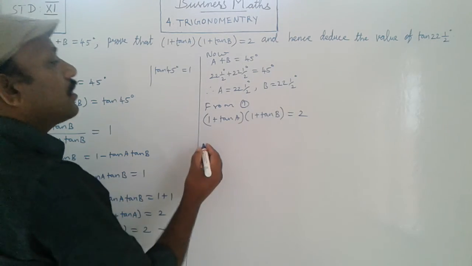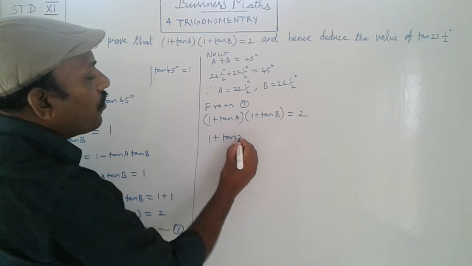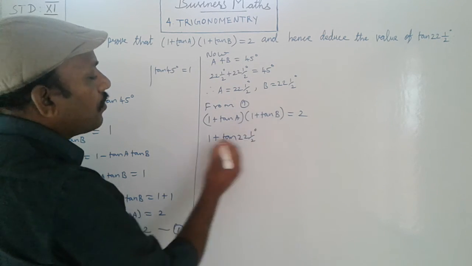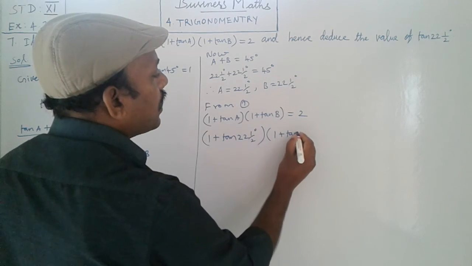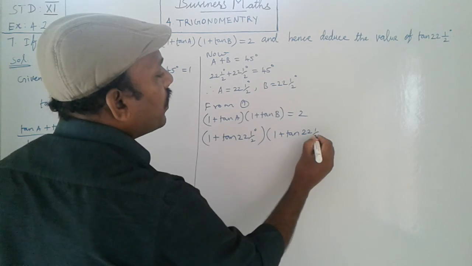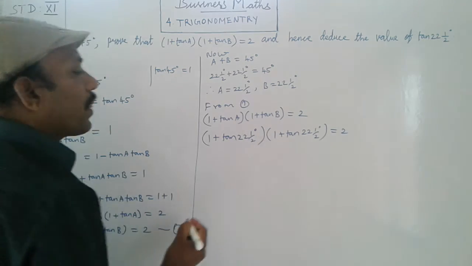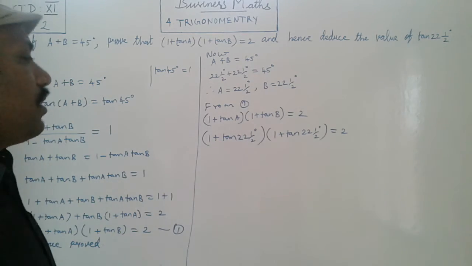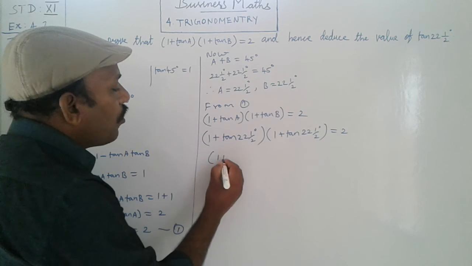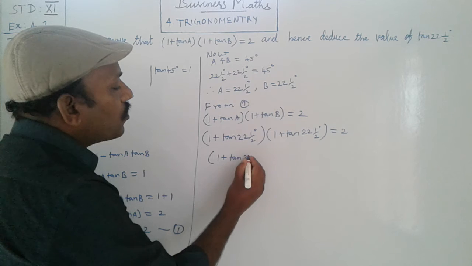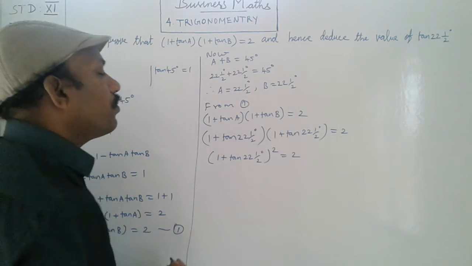Here we substitute a and b as 22.5 degrees, so (1 plus tan 22.5 degrees) into (1 plus tan 22.5 degrees) equals 2. So the whole square is the formula: (1 plus tan 22.5 degrees) whole square equals 2.